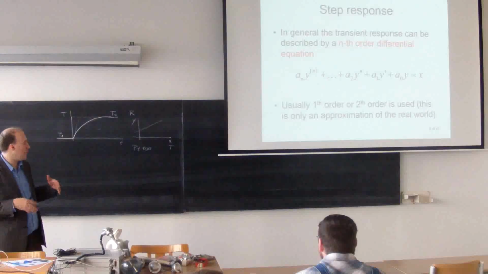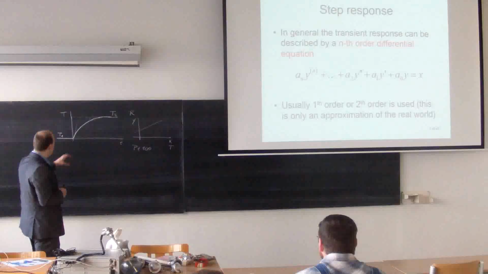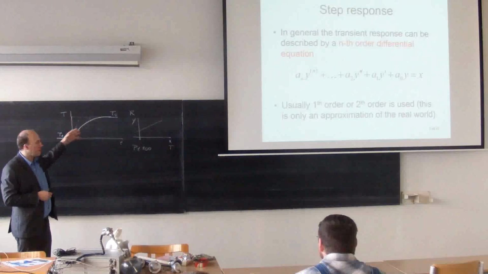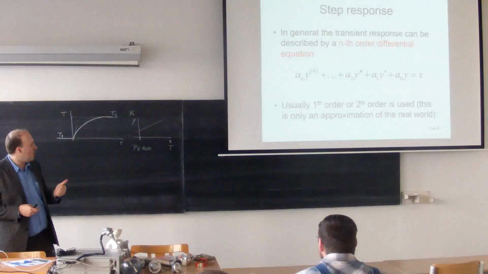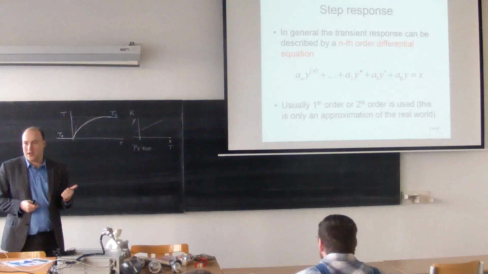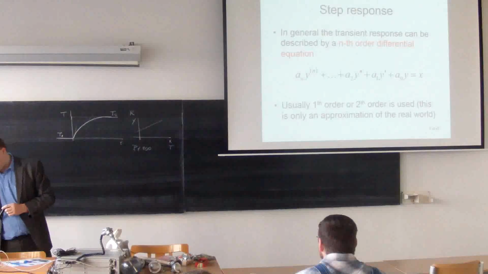So we'll start with the first order differential equation, and we'll examine the properties of this response. What can we see from this response that we can either measure or calculate mathematically from the differential equation if we know it?